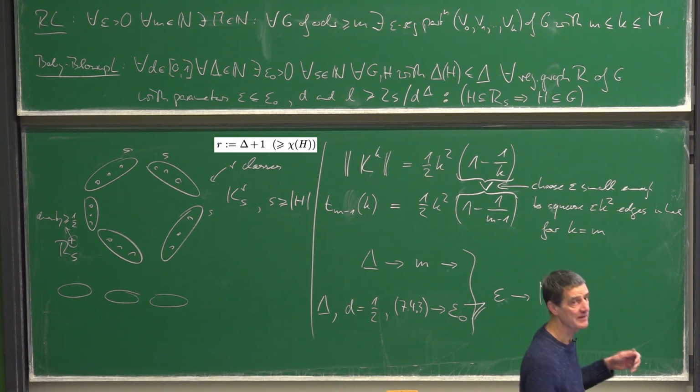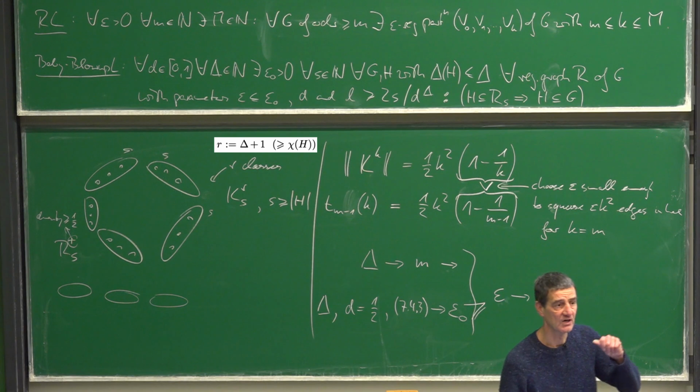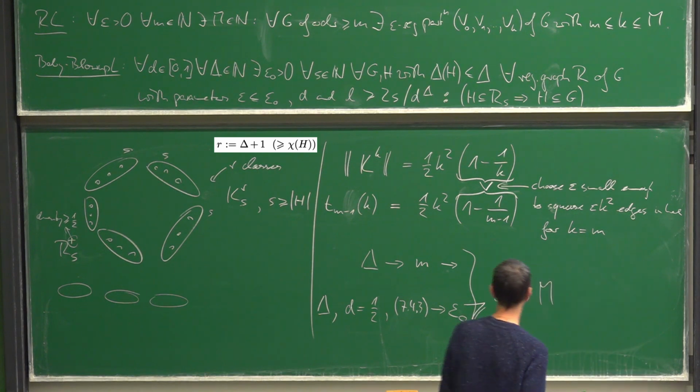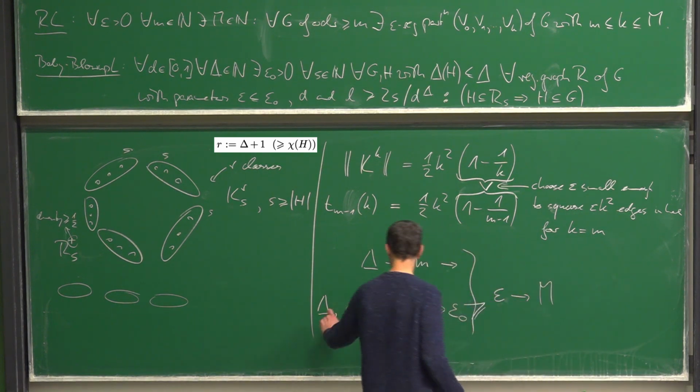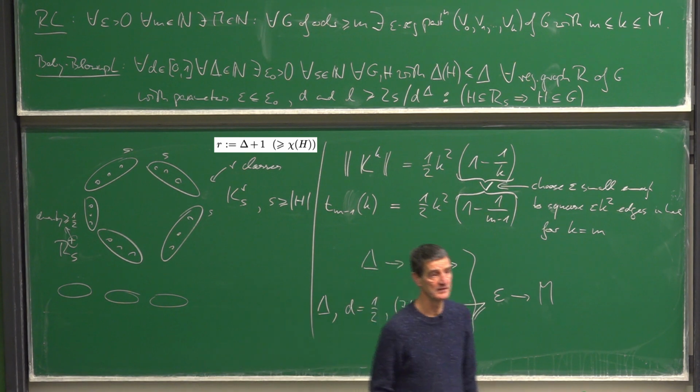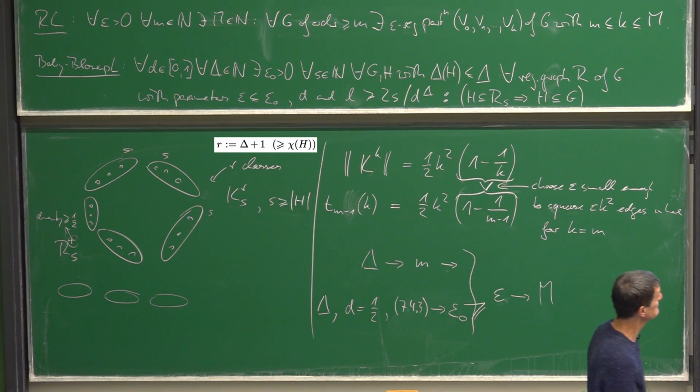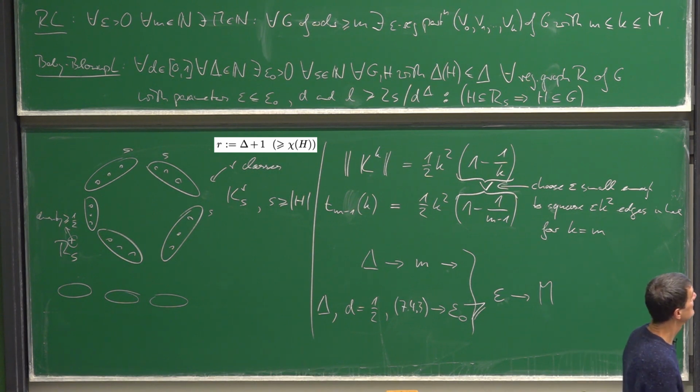It's some fixed value that depends only on little m and on epsilon, and both these we chose depending only on delta. So big M is some unknown quantity, which, however, is fixed once big delta is assumed to be fixed. And now we can choose this little constant c as 2 to the delta plus 1 times this m. And then order G divided by M, the size of the partition class, just works out to be exactly what we need for the blowup lemma.